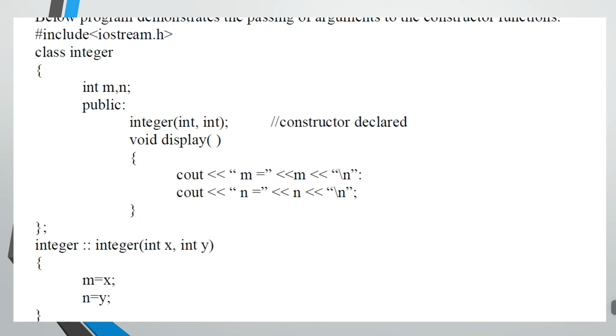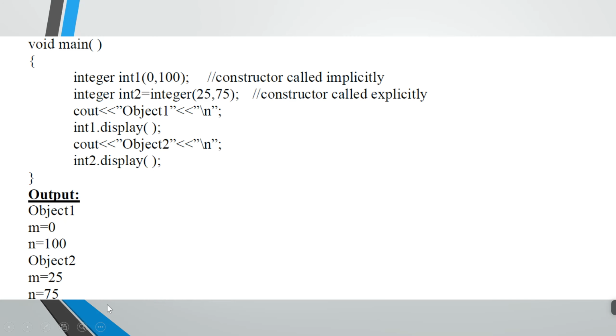Here there's a program which explains how a parameterized constructor works. I have a class called integer. There are two attributes, and I am just declaring a constructor. This is a display. I'm using a constructor with the parameters which I'm passing to the m and n values.